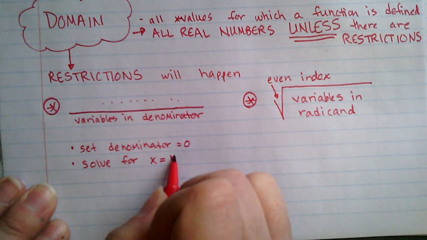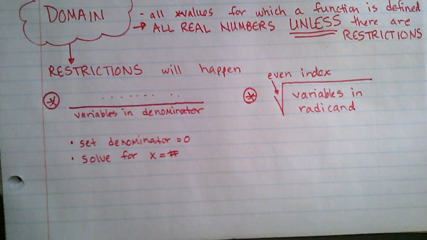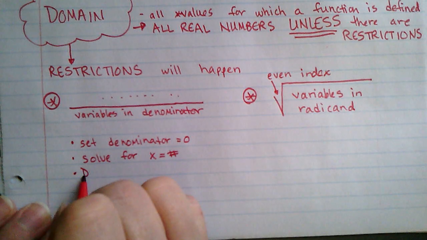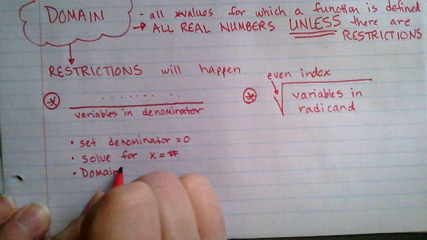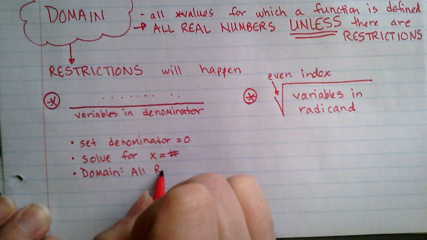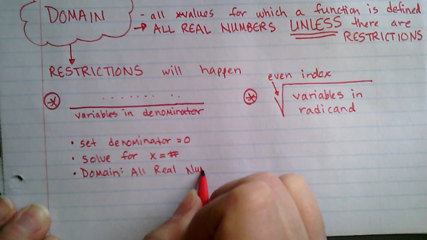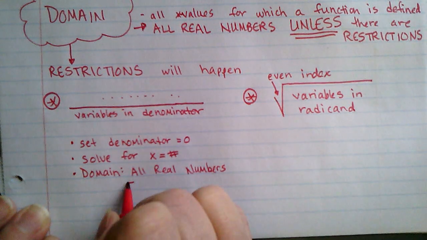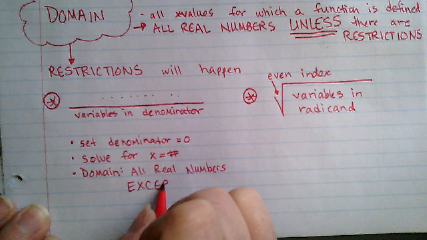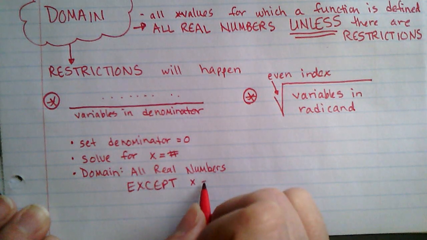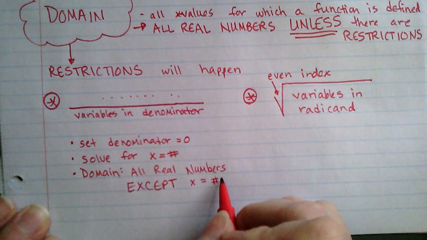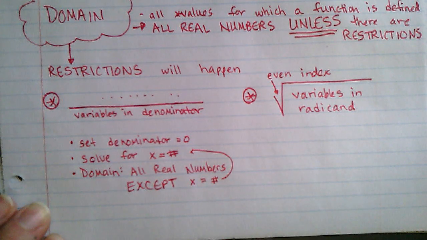Solve for x equals some whatever numbers. Might be one number, might be two numbers. And then your domain is going to be all real numbers except x equals whatever that number was that you solved for up there.